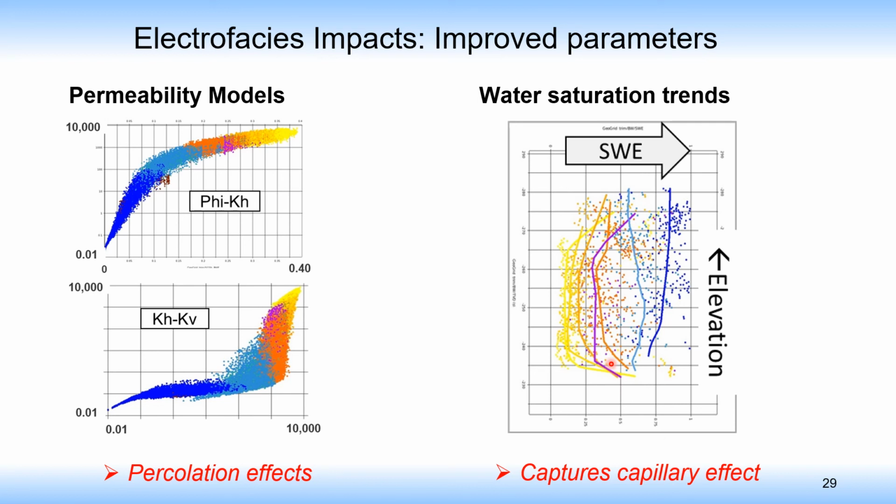So we're capturing a strong capillarity effect, which improves the flow modeling in the simulator. As well, we could even estimate the irreducible water and improve the engineer's use of RELPerm.